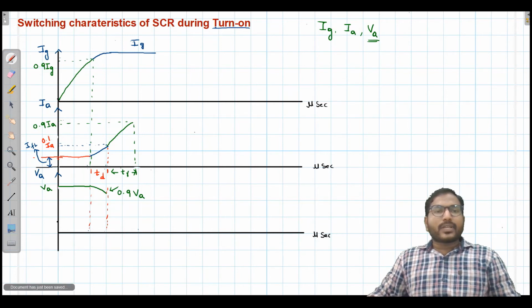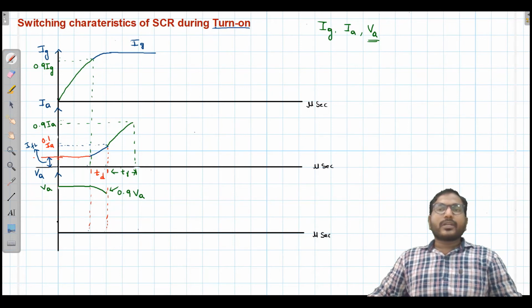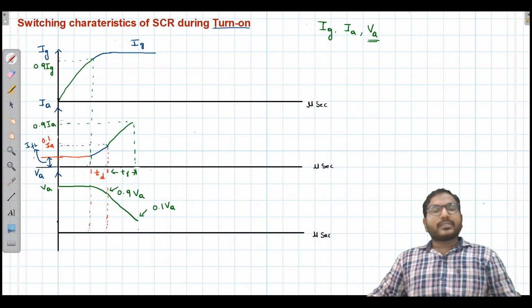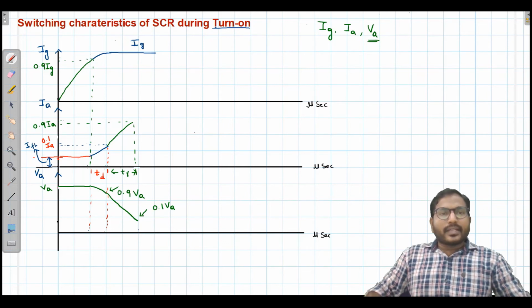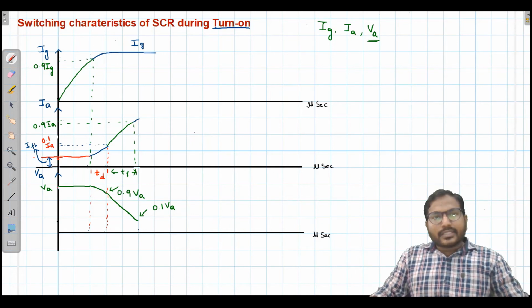So coming to it, there is a considerable conduction here. As conduction is improved, the voltage drop across the SCR will be decreased gradually to 0.1 times of its maximum voltage, right? Again conduction will be increased and the anode current reaches its rated current IA.